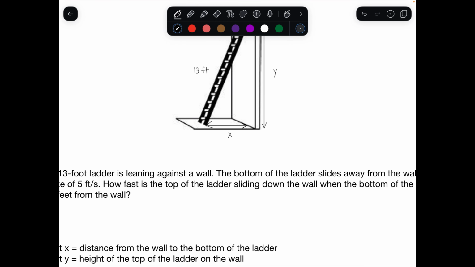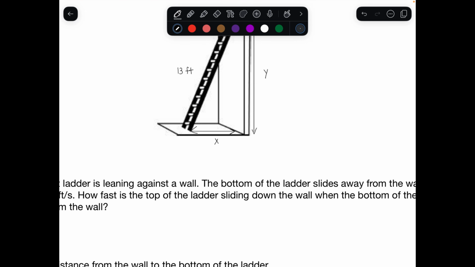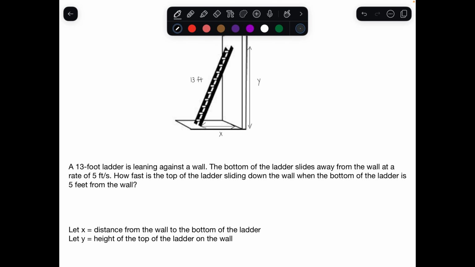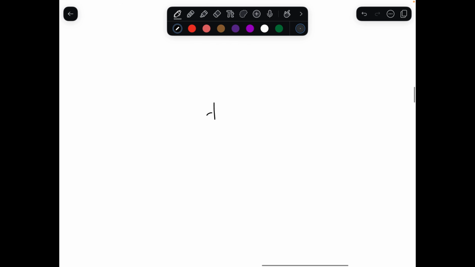Because it says how fast is the top of the ladder sliding down. So that means it's asking how fast y is changing as time passes on. So that means we're going to be figuring out what dy/dt is in this problem.